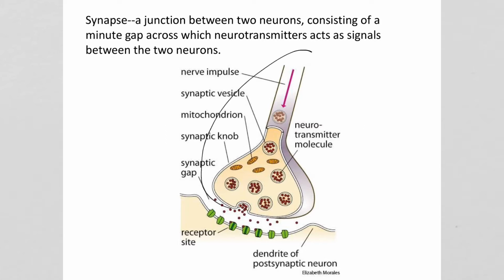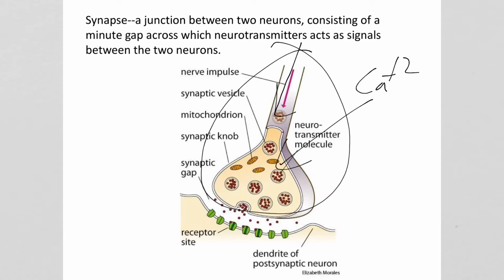This is called the presynaptic neuron. And we have an electrical signal, an action potential, going down that presynaptic neuron. When it gets near the end, there's an influx of calcium ions into that neuron. And that facilitates the release of the neurotransmitters into the synapse, which is what this little gap is here. The little dots represent the neurotransmitters.